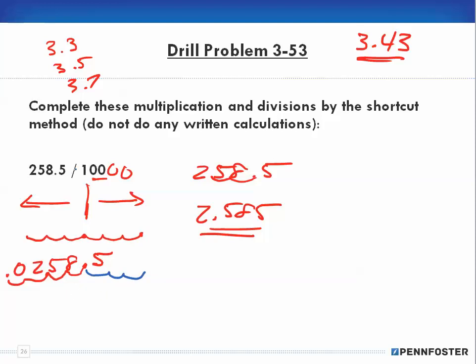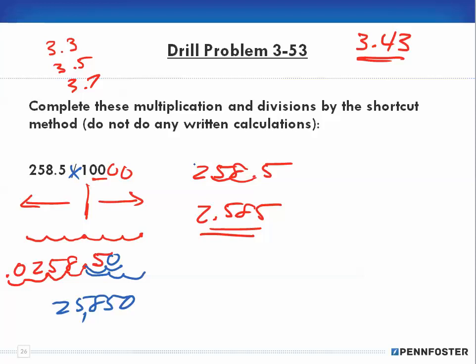So let's say I was multiplying by 100. Well, I would move it over 2 places because now my number becomes 25,850. Obviously, if I multiply by 1, that's going to be the same number.